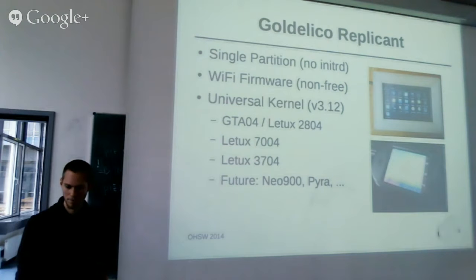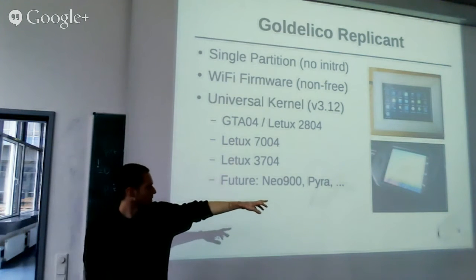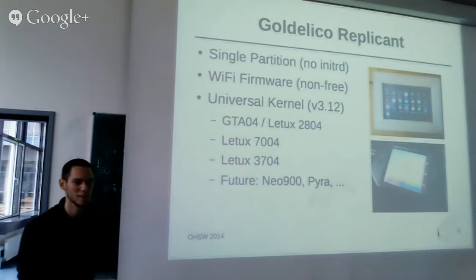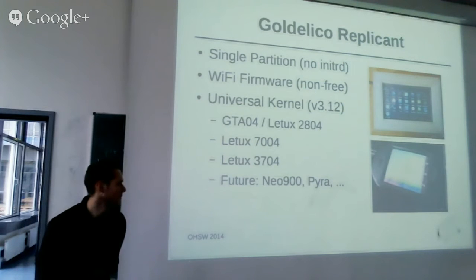So it runs on the normal GTA04 board. As you can see in the picture at the bottom, I was even able to put Angry Birds on it and run it, but to be honest, it was very slow because there's no hardware acceleration for the graphics. So it was not really usable, but it did start and you could see the things moving.